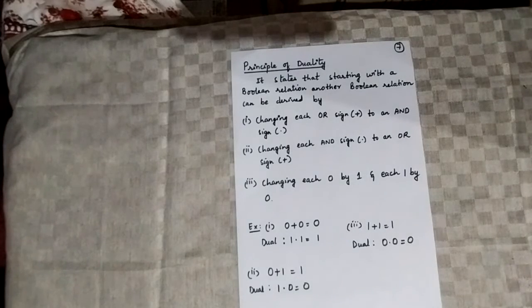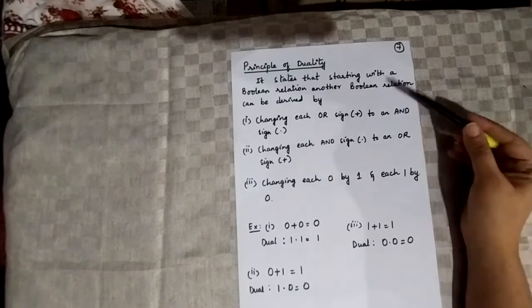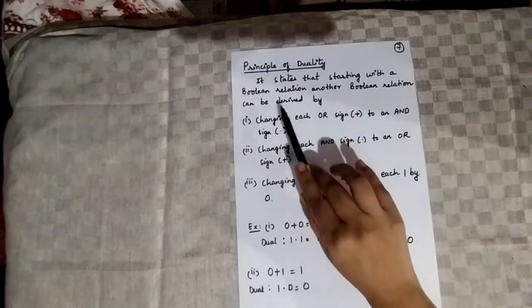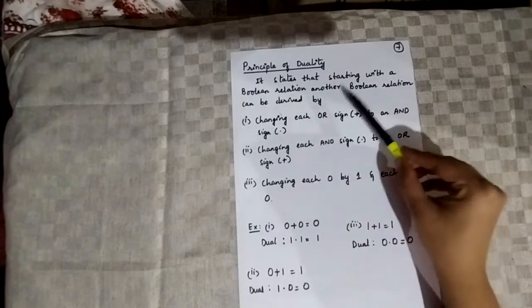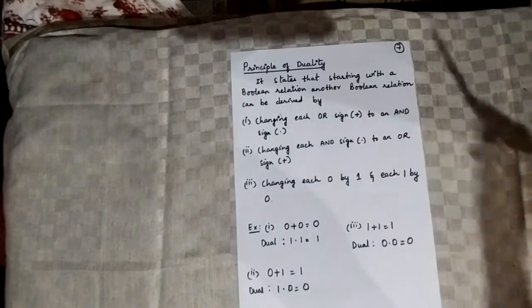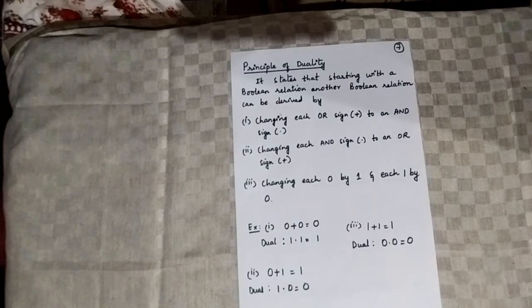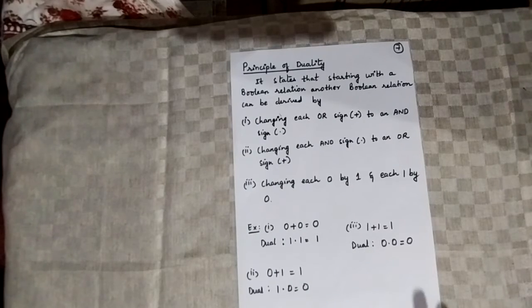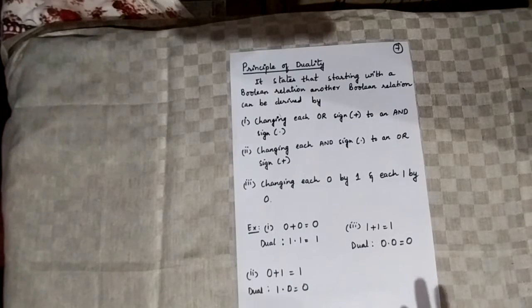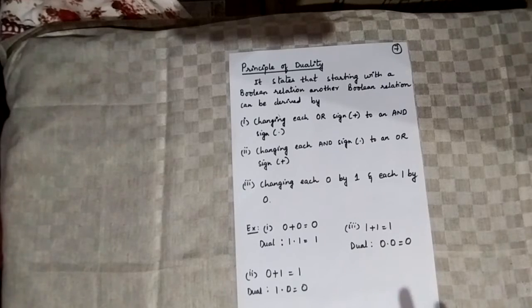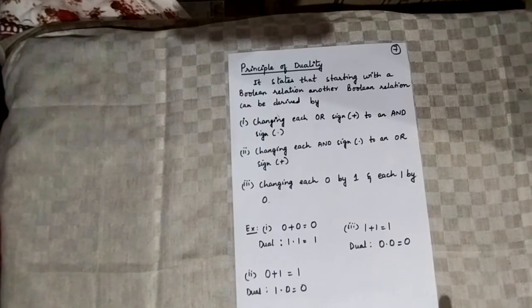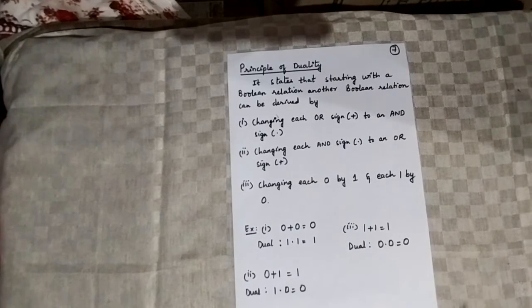So what exactly is this principle of duality? It states that starting with a Boolean relation or an expression, another Boolean relation can be derived from it. Suppose we are given one particular Boolean expression or relation, from the same we can derive another relation. But what are the rules for deriving this relation?